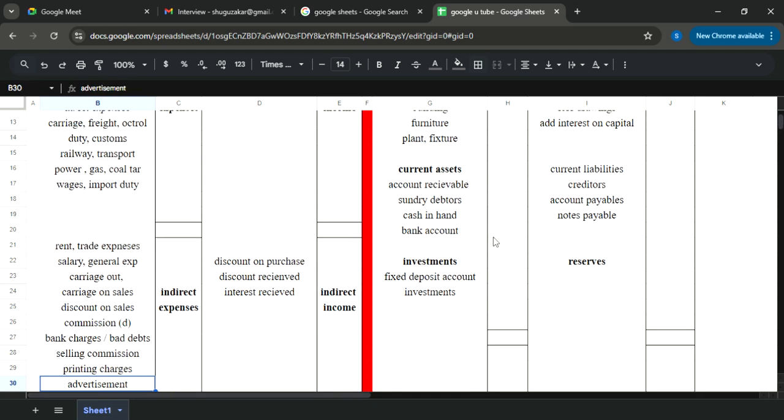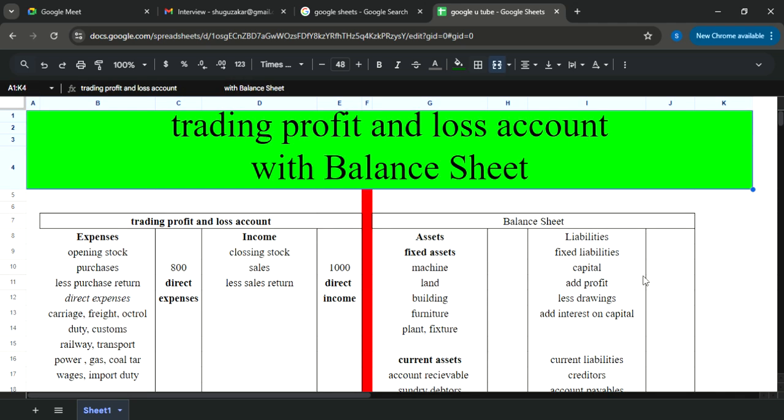On the right side page, you will write your assets and liabilities at this place. That is the only responsibility which is being given to you. And in the next lecture, we will see how calculations are made.